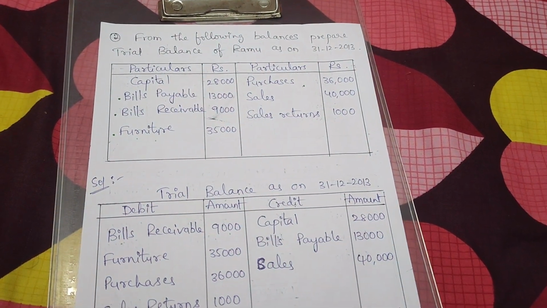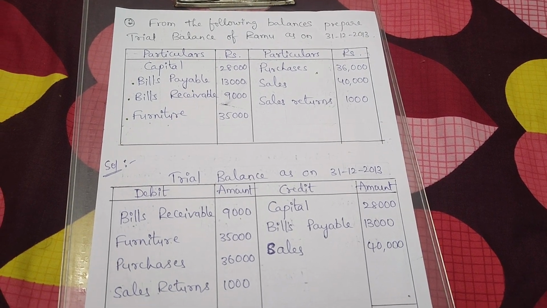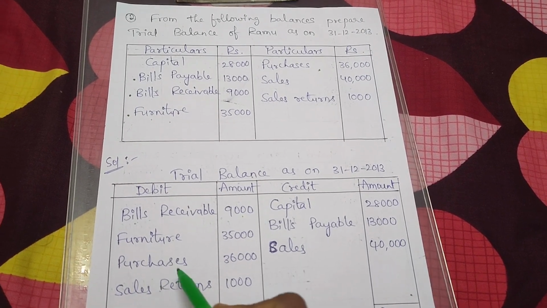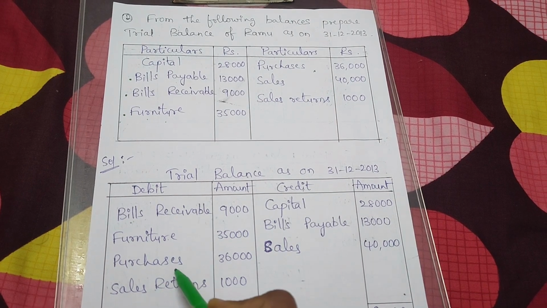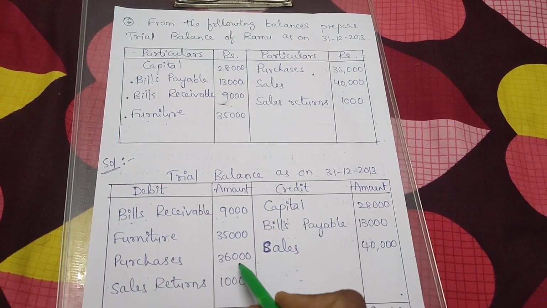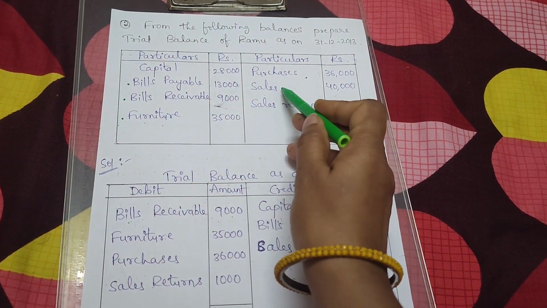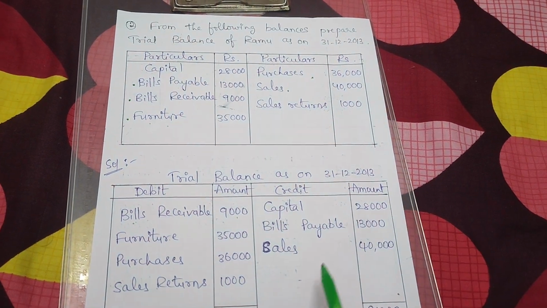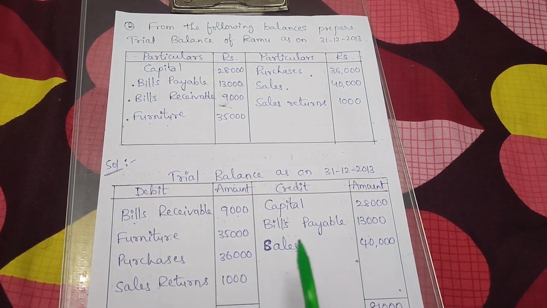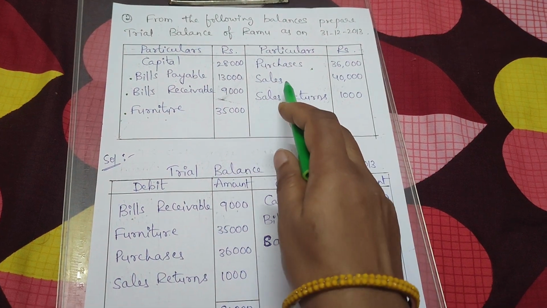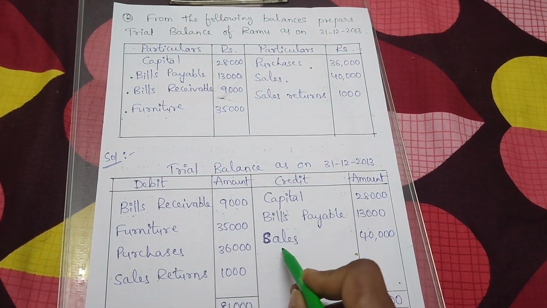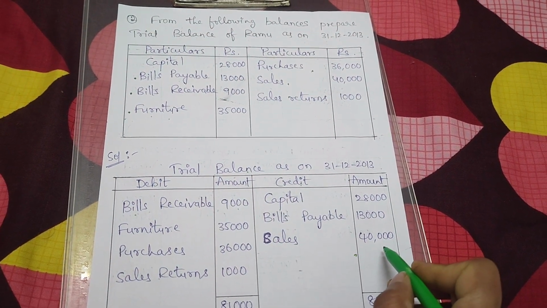I mentioned in the rule itself that purchases we have to debit, so record under debit, 36,000. Next, sales. If you refer to the rule, you will understand. Sales we have to credit, so we record under credit, 40,000.